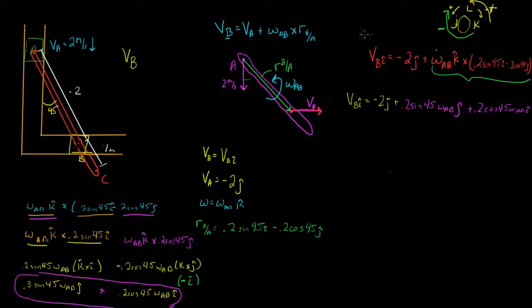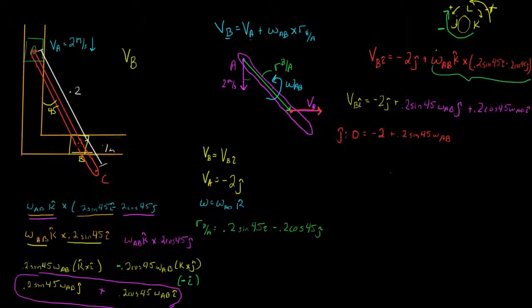Now that we have this equation in terms of i's and j's, we can equate all our i components and equate all our j components. So I'm going to do my j components first because I know I don't have anything on this side. So this side of the equation, we're going to have a 0 is equal to a minus 2 plus 0.2 times the sine of 45 omega AB.